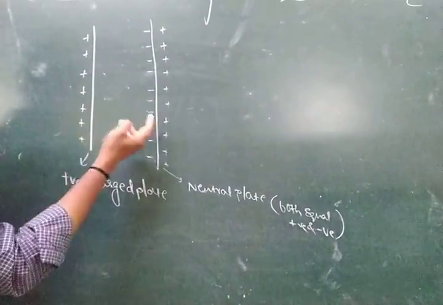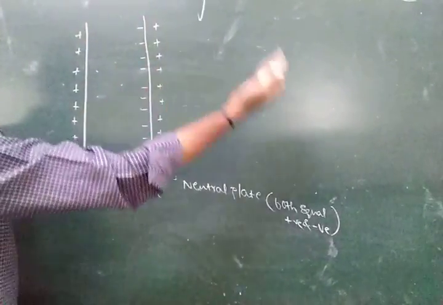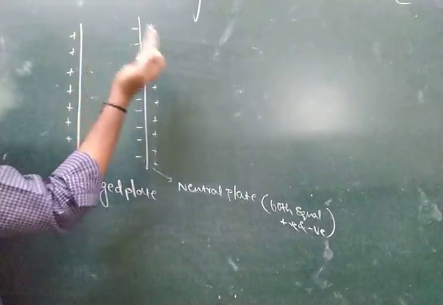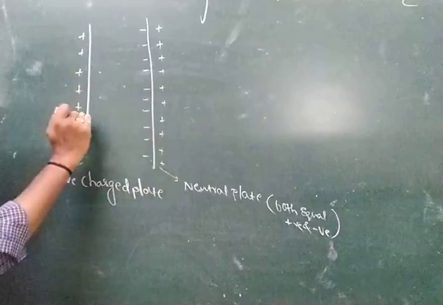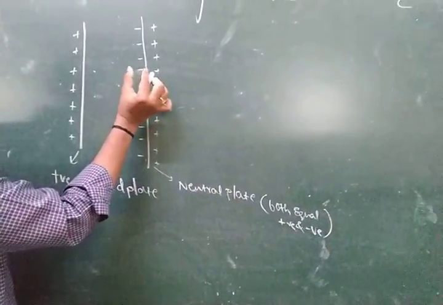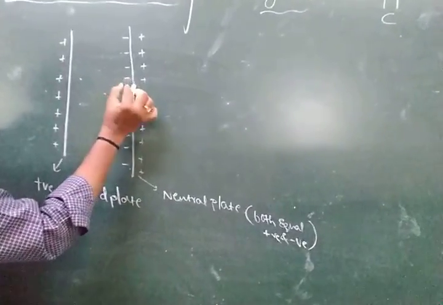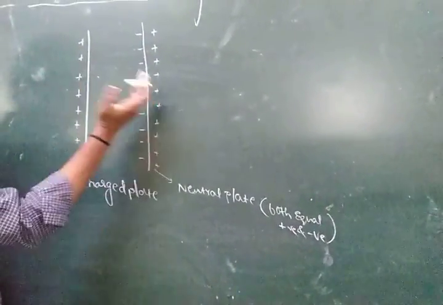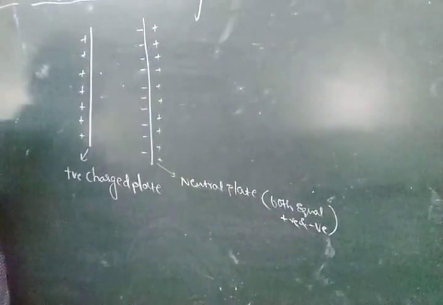Initially neutral, positive and negative charges were mingling, right? Due to this keeping, the charges are divided.